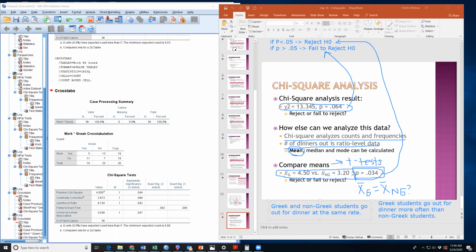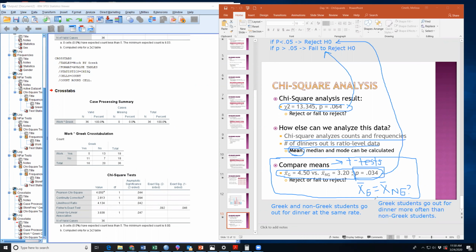As this example highlights, t-tests are more powerful than chi-square tests when you have interval or ratio data. So when you have continuous data, if there is a difference between groups, the t-test is more likely to identify it than the chi-square test.